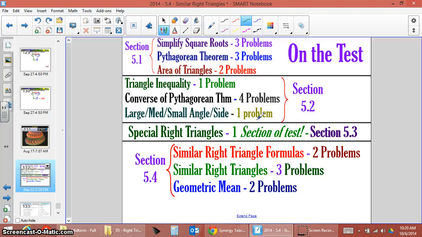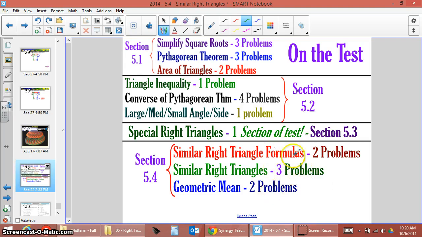So now we talk about special right triangles. You've got 1 whole section of your test on special right triangles. That's the 30, 60, 90, and the 45, 45. And then section 4.5.4, you're going to have two of them on similar right triangle formulas. That's the leg over the whatever. They're on your cheat sheet.